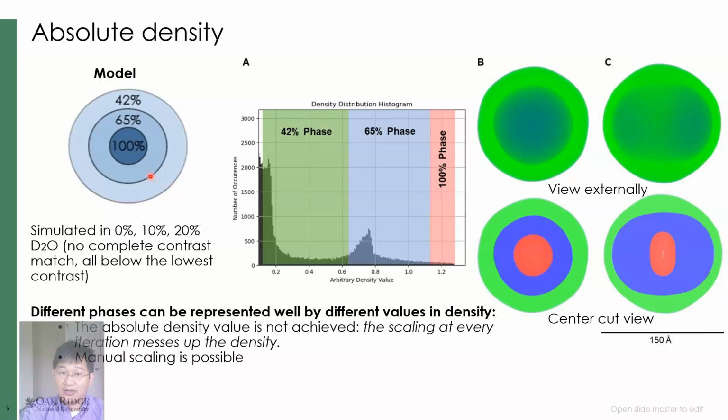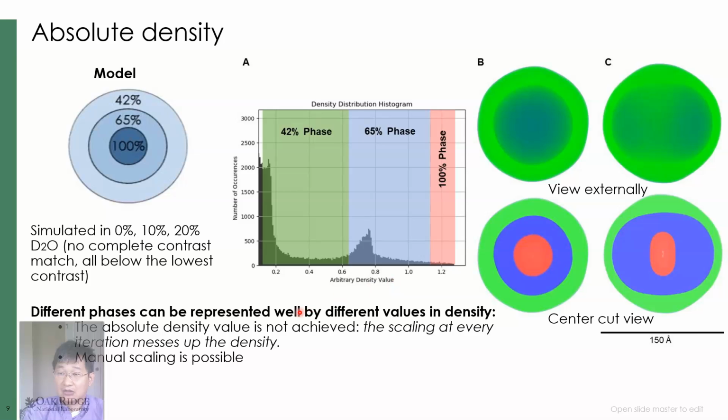For example, in this structure with three phases, the final results for the three phases can be well differentiated. And if you look at the density histogram, the density value is not in absolute scale. They can be differentiated very well for those different numbers, but they are not in absolute value.